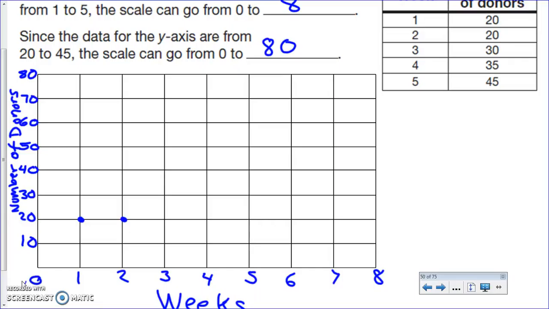Then for 3, we go up to 30. Then 4, we're going to go up to 35, so we're going to put that halfway between the 30 and 40 lines. And then for week 5, we go up to 45, so that'll be halfway between 40 and 50.